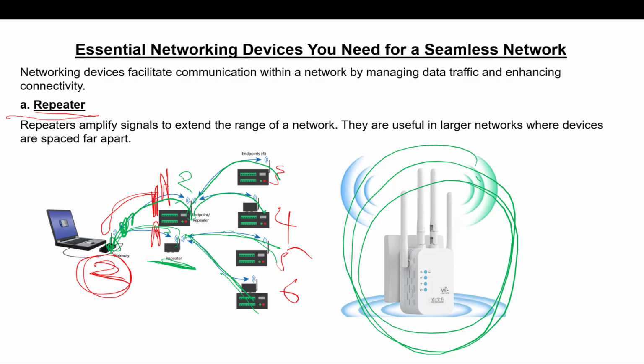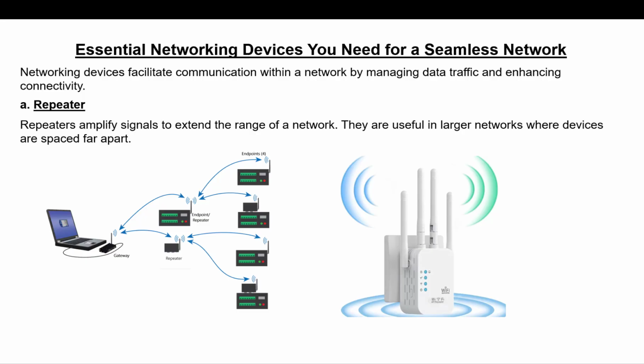So like I said, the things we are talking about are the essential network devices you need for a seamless network. So one, we talk about the repeater, like we just said, a repeater or Wi-Fi extender. It is a device that continues your Wi-Fi signal beyond where it cannot reach. Just like the example we gave, for example, this is your wireless network, number one.